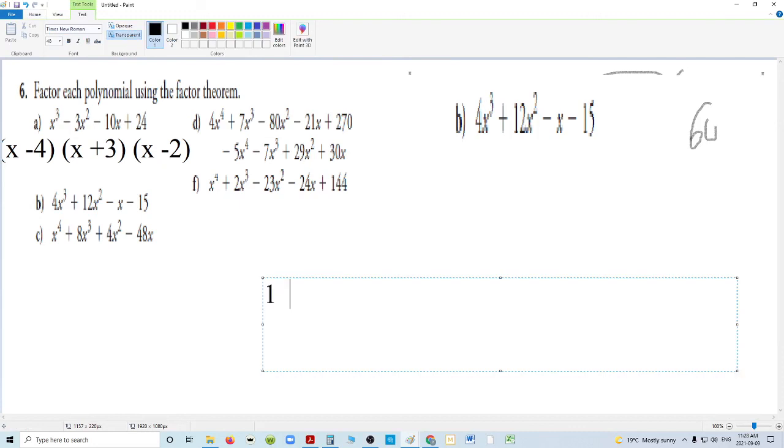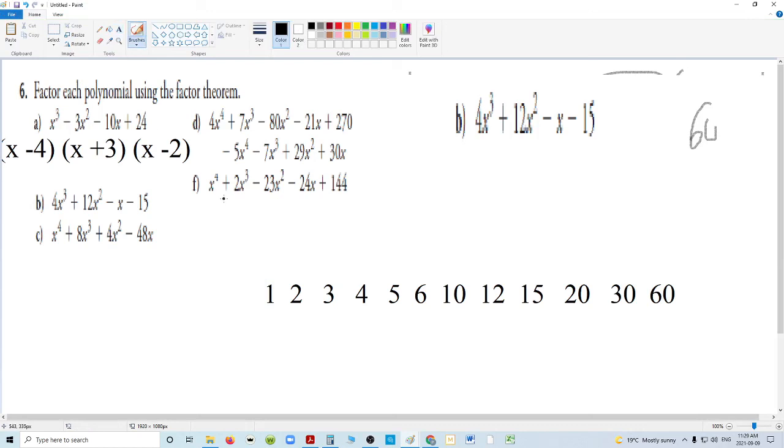The factors for this are plus or minus 1, 2, 3, 4, 5, 6, 10, 12, 15, 20, 30, and 60. There might be a couple more in the middle there. 8, no. I think I got them. Anyway, it's always easy to hope that some of these are the factors.